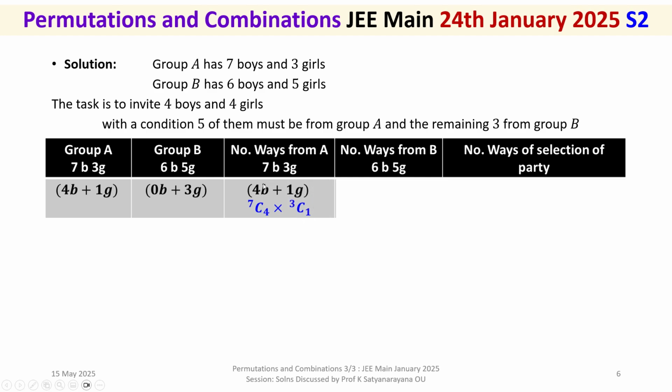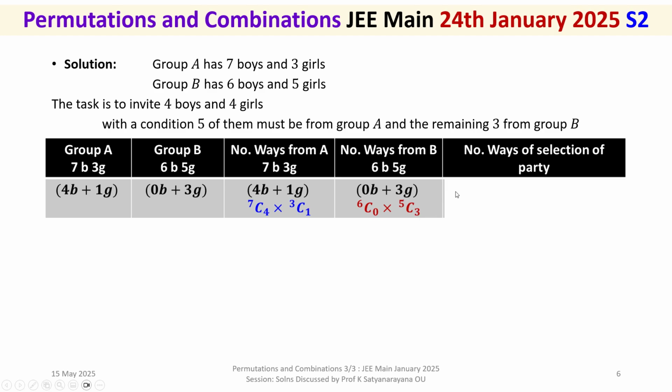How many ways you can do? 7C4 times 3C1. Then 0 boys plus 3 girls from 6 boys plus 5 girls. 6 out of 0, that is 6C0 times 5C3.